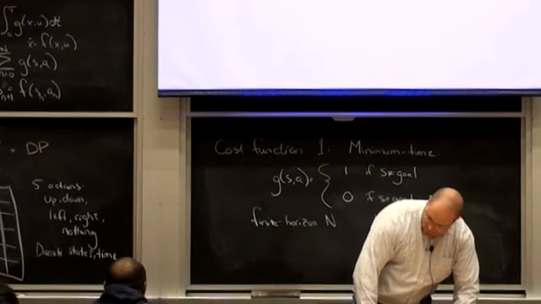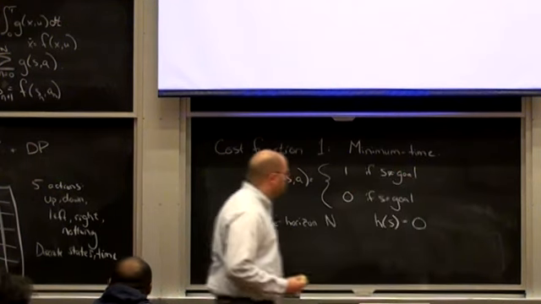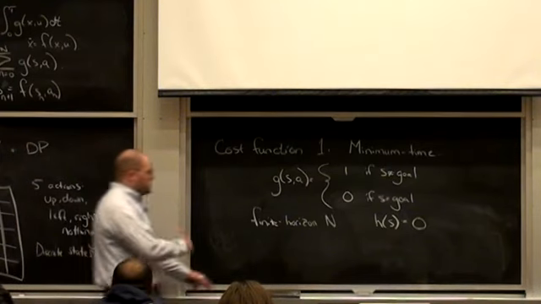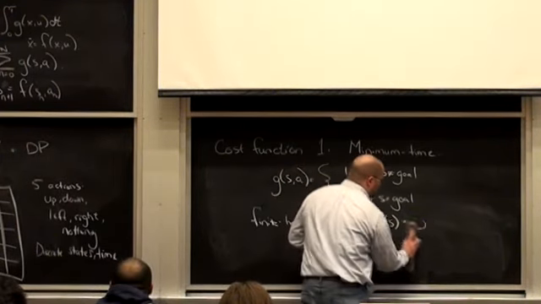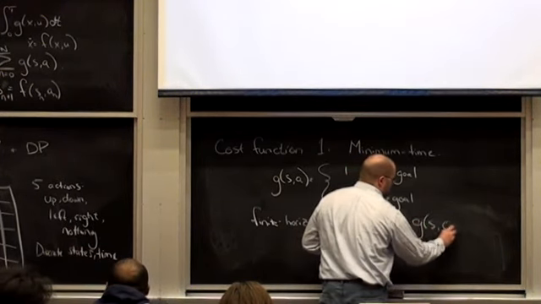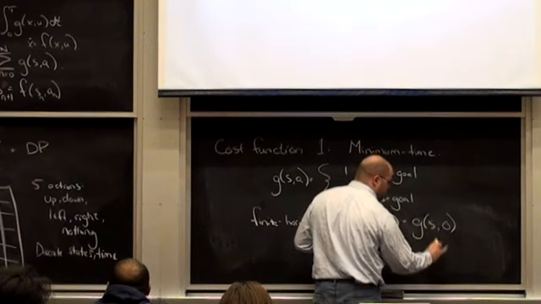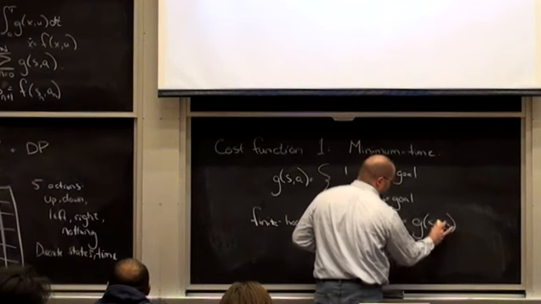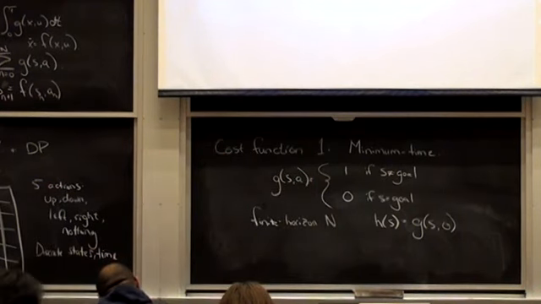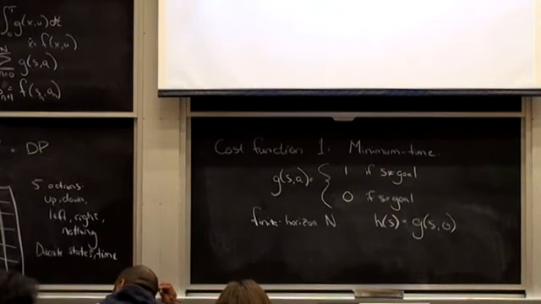How's it going to look? What is J? Well, let's be specific about h. Let's make h actually be the same as g here. So I'll say it's g of s with the 0 action. Since this doesn't depend on actions, it doesn't matter. Let's say h is the same function as g there. So what does my cost to go look like at time n?